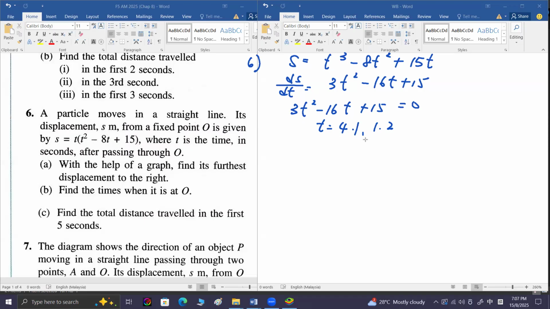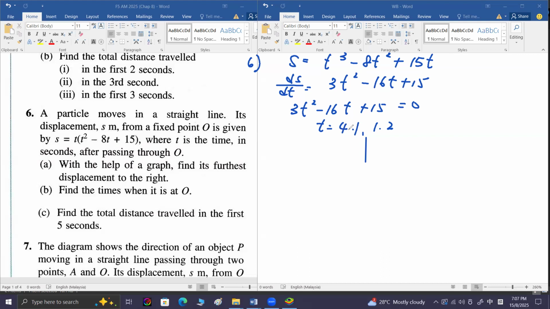So same, when t is 4.1, you substitute to the s. Okay, you can go t cubed minus 8t squared plus 15t. This one no need for me to show you, huh? You should know how to do already.